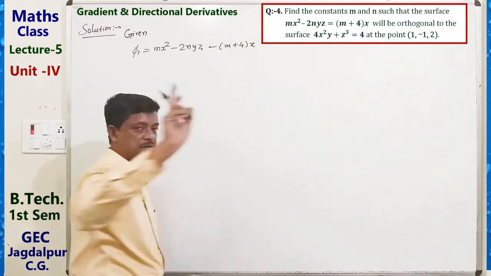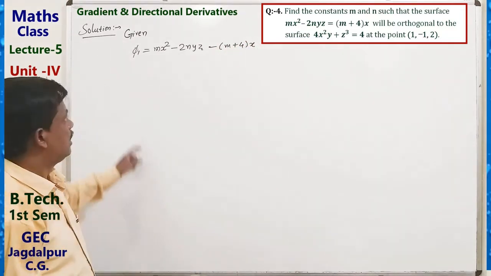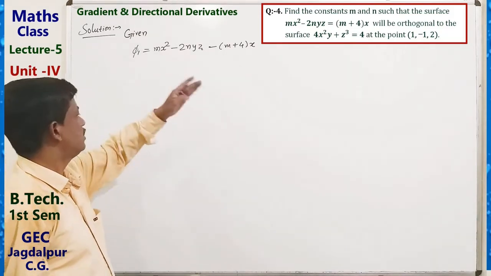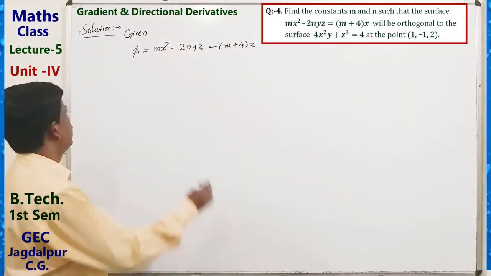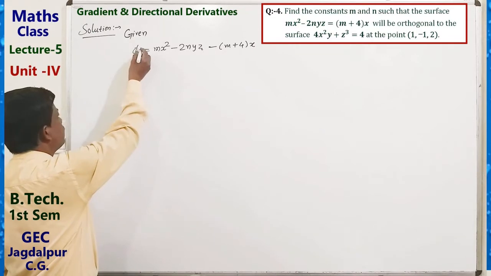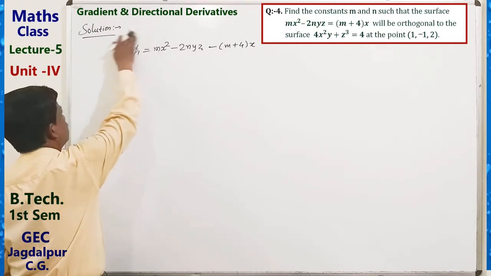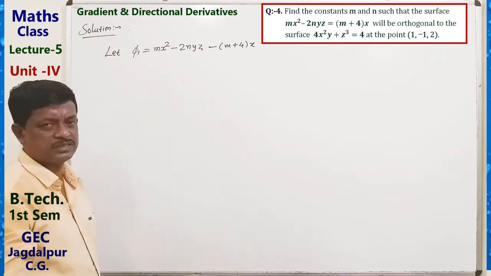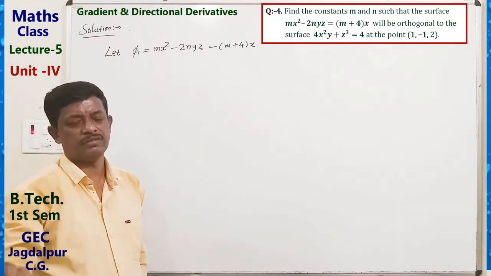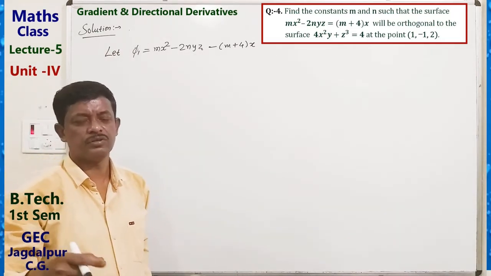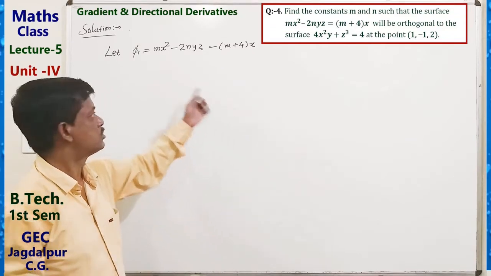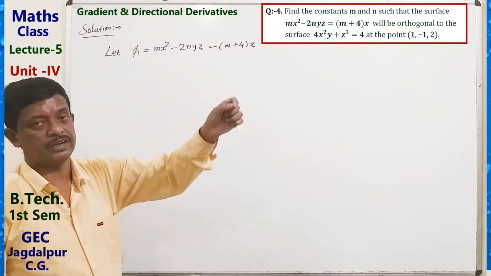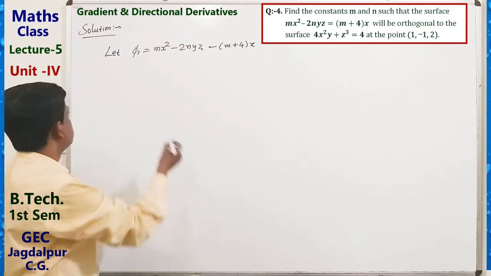This is the first surface. Here n1 is del phi 1 and n2 is del phi 2, and n1 dot n2 equals 0 because they cut orthogonally. So we can get a relation also.